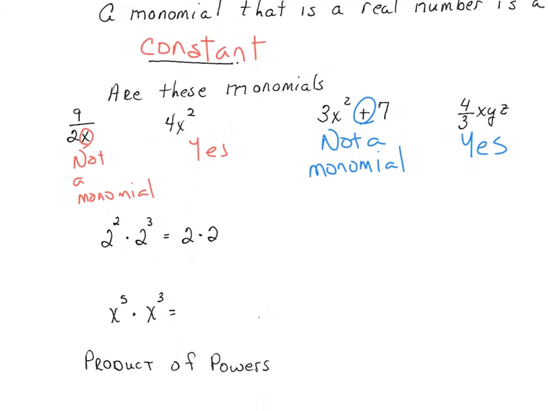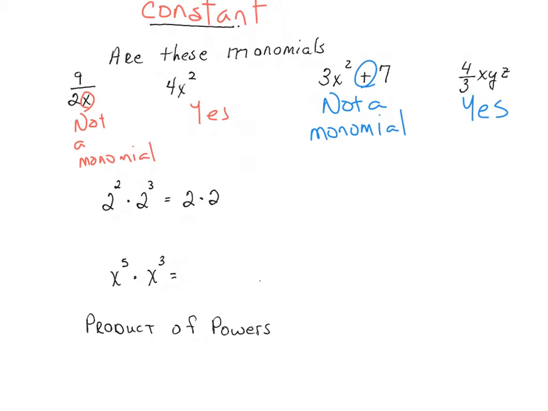Now let's look at this example that I have next. We are doing 2 squared times 2 cubed. Now if I were to write that out in expanded form, we would have 2 times 2, which accounts for the 2 squared, and then we would have times 2 times 2 times 2.